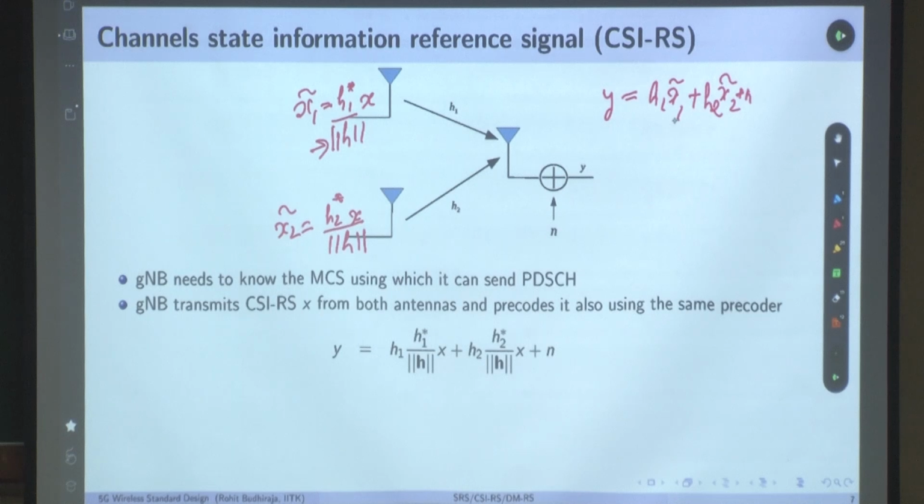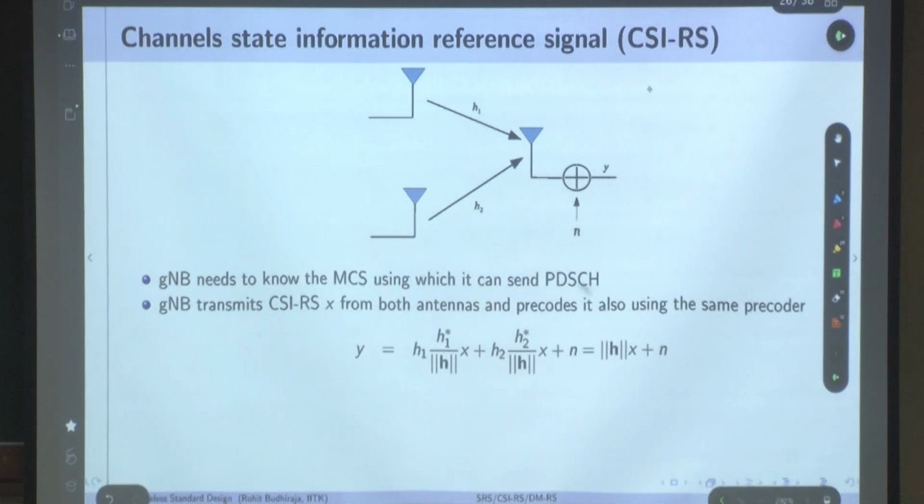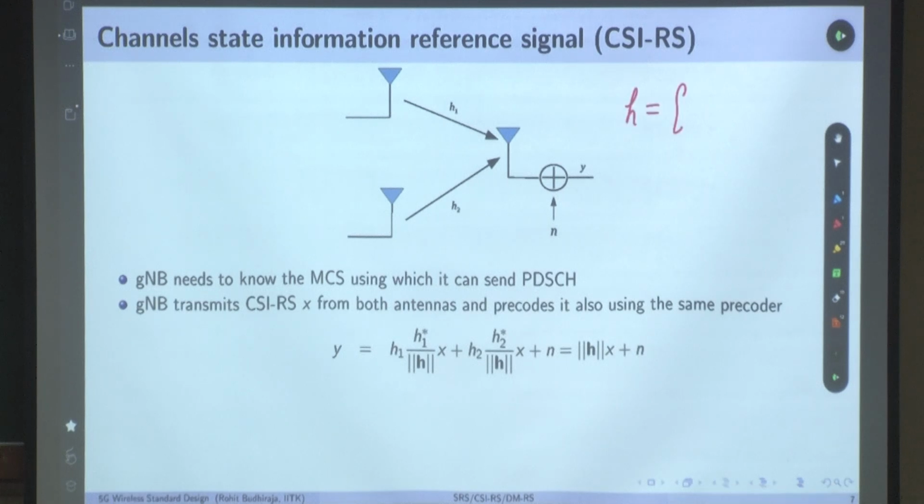And what is x1 tilde? You substitute x1 tilde and x2 tilde here, and you get this. Can I write it like this? If I define h as the channel vector, what comes in the numerator? How can we write this?